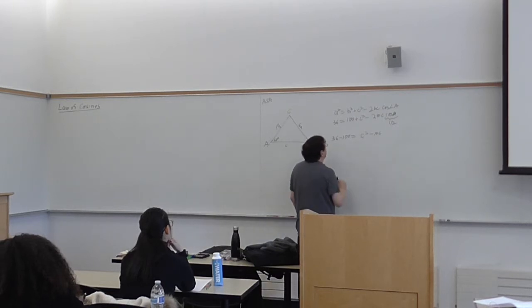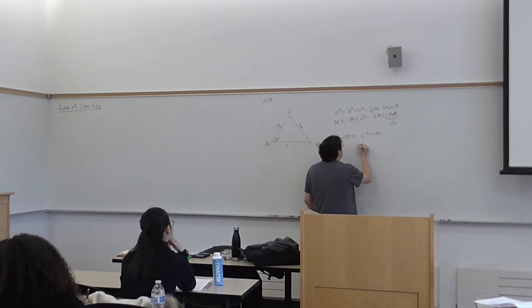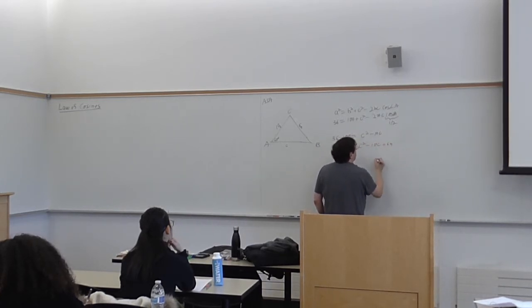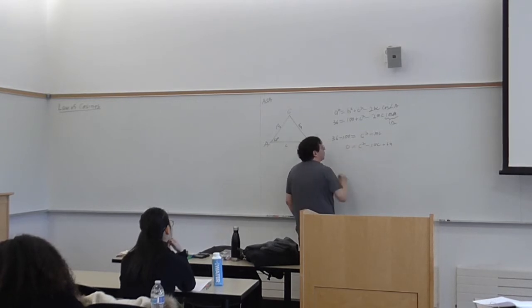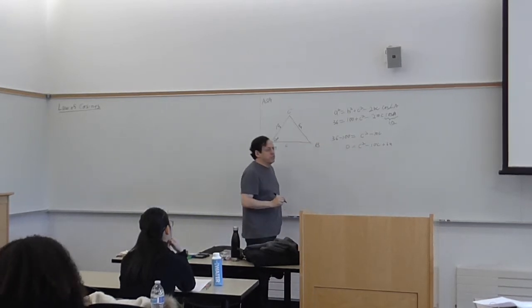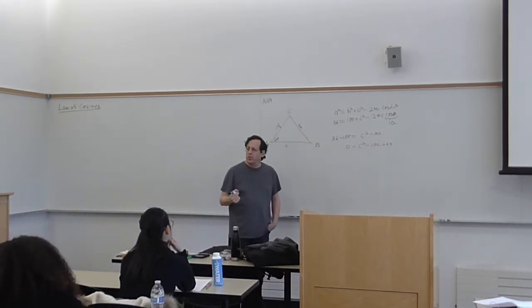Let's put everything on one side here. So this is going to be c squared minus 10c plus 64 equals 0. Interesting, we've got a quadratic. Maybe we'll get 2 solutions.